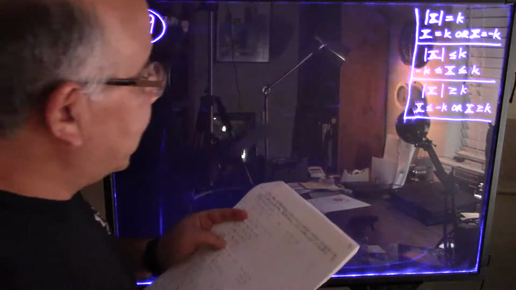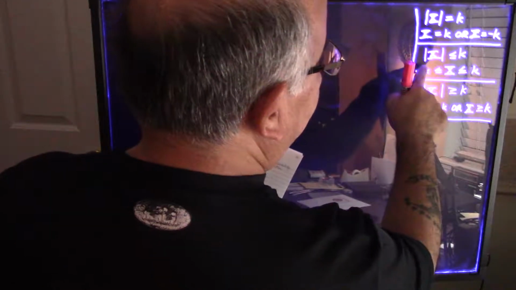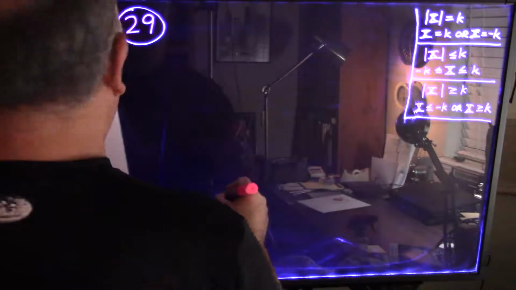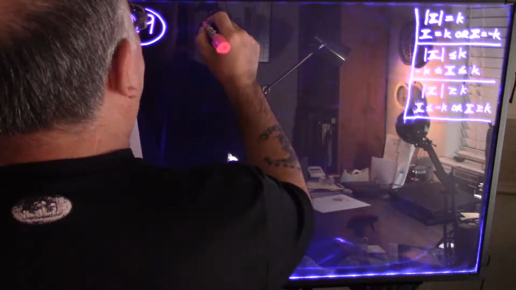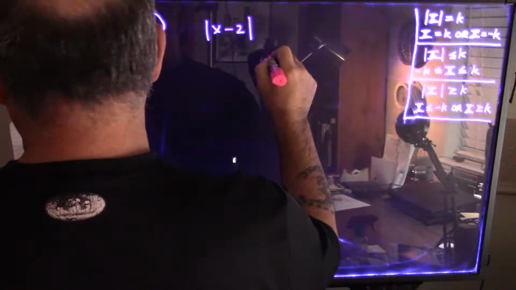Number 29. For the following exercises, solve each inequality and write the solution in interval notation. So here we get into inequalities with absolute values, and we'll use either this or this setup. We've got absolute value of x minus 2 is greater than 10.